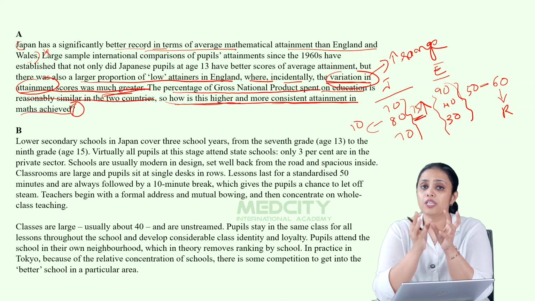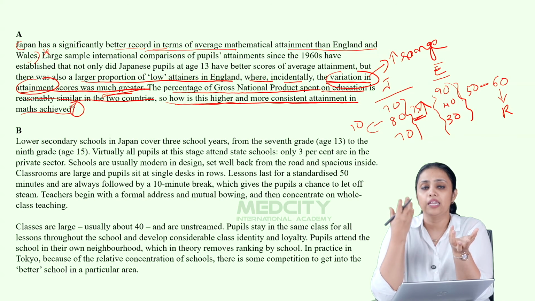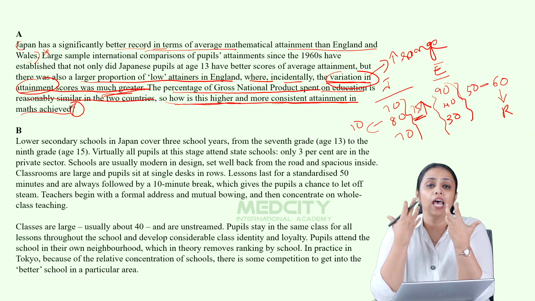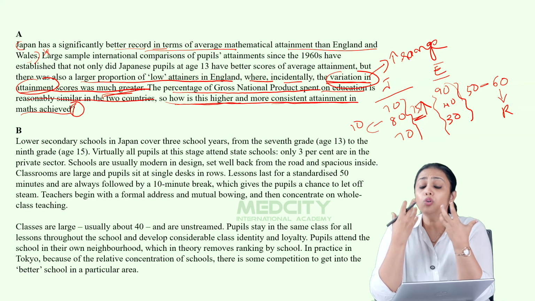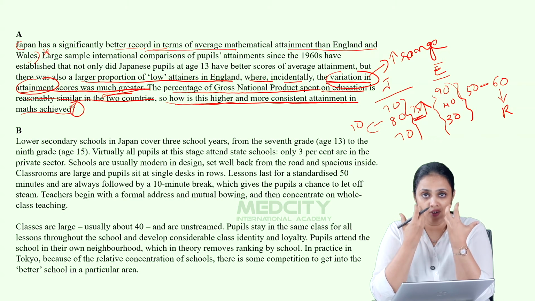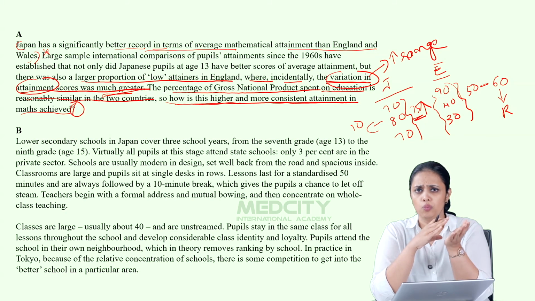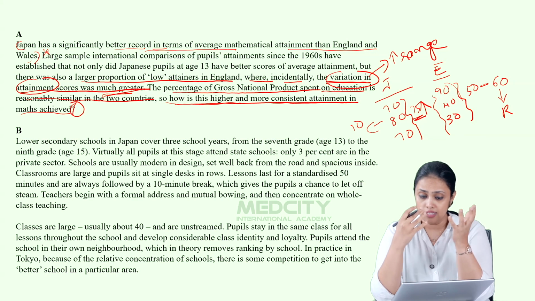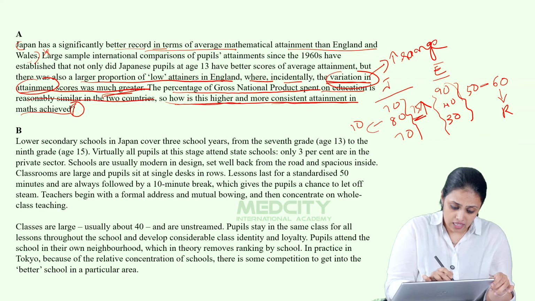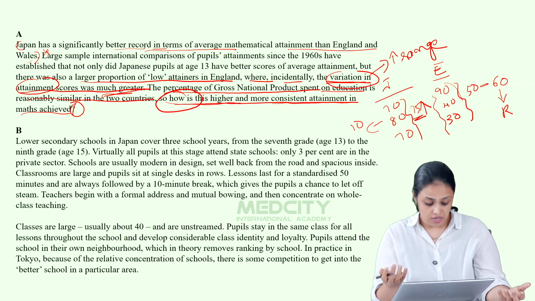Even though the amount spent on education is similar between these two countries, why is Japan having better scores in maths than England? We don't know whether the writer is supporting that or opposing that. Here the writer does not say that it has a direct relation. The writer just says, how is this? It's a question in the mind of the writer.